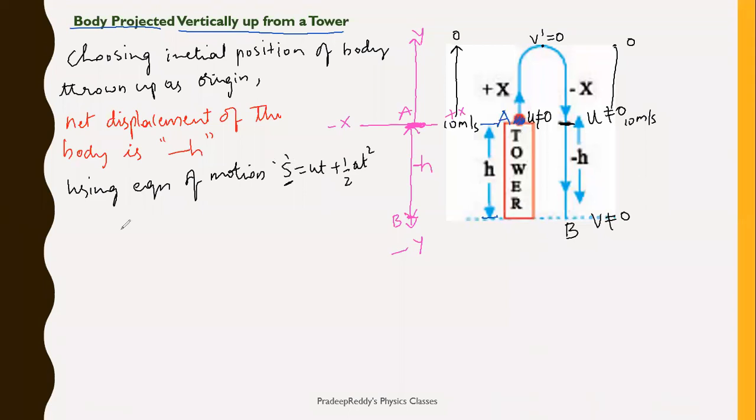Net displacement is equal to minus H, which is equal to the initial velocity, the projected velocity u as it is, and let the total time taken from point A to point B be t, plus half, and the acceleration due to gravity g, so it is g t square, right? This is the important equation.